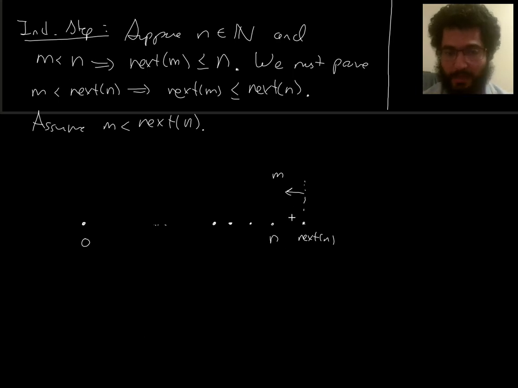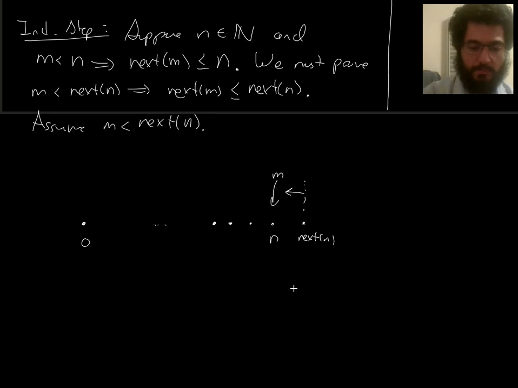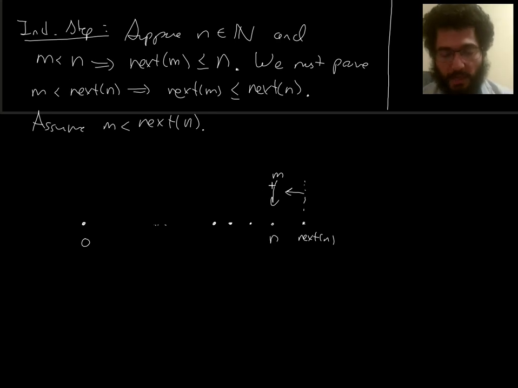So that's what the picture suggests, at least. It seems like we're going to end up in different cases. One of the cases will have m being to the left of n, and another case will have m being right there at n. So can I actually get this case split that appears in my picture or in my imagination into the proof? What is this case split all about? It's about m either equals n or it's less than n, right?